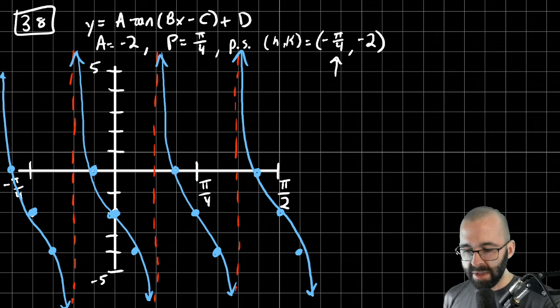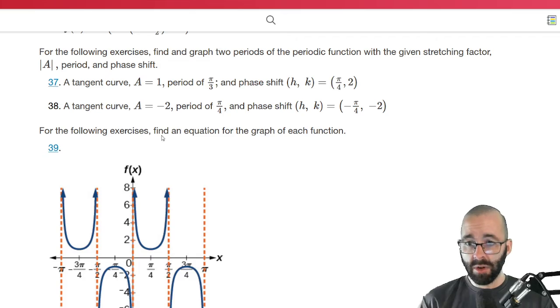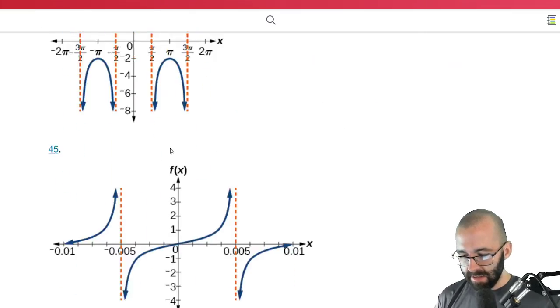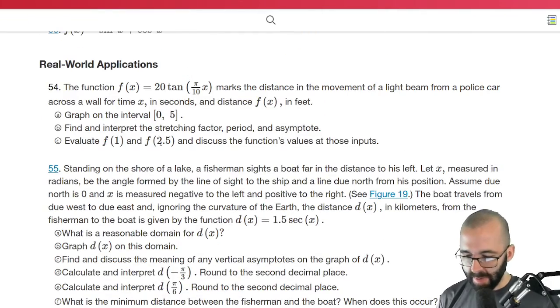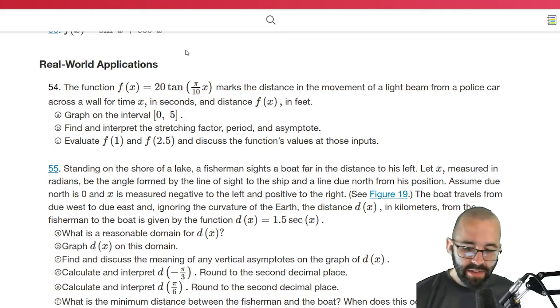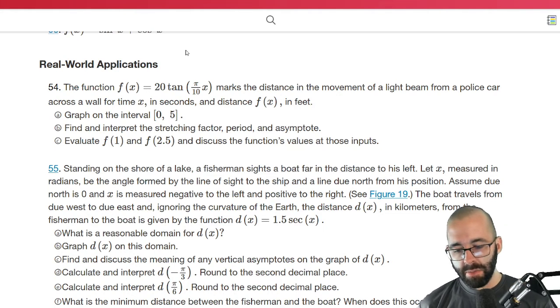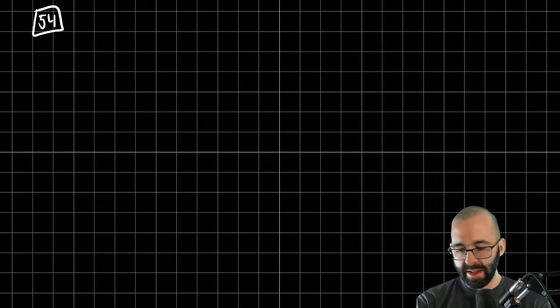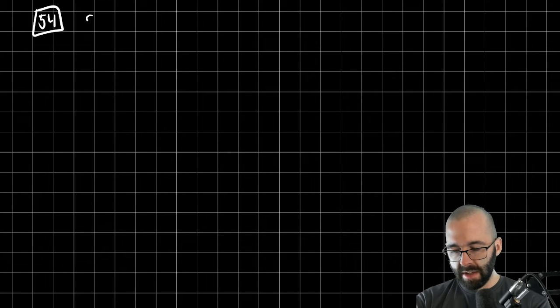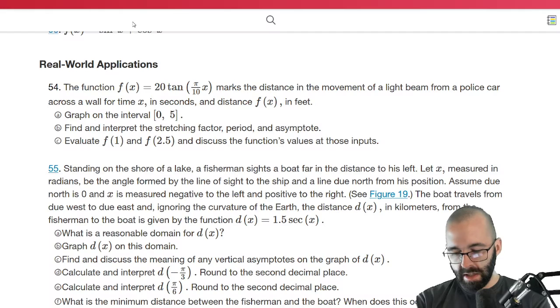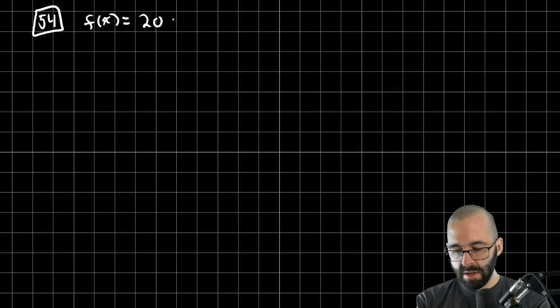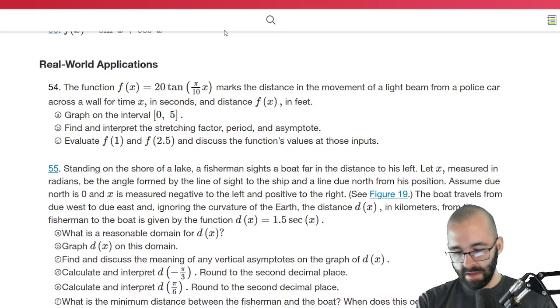Let's do one more problem in this video, number 54. I actually don't think we need the graph paper for 54 if I remember what it is. Oh, I don't remember what it is. The function f of x equals 20 tangent of pi over 10x. Let's write that down. F of x equals 20 tangent of pi over 10x marks the distance.